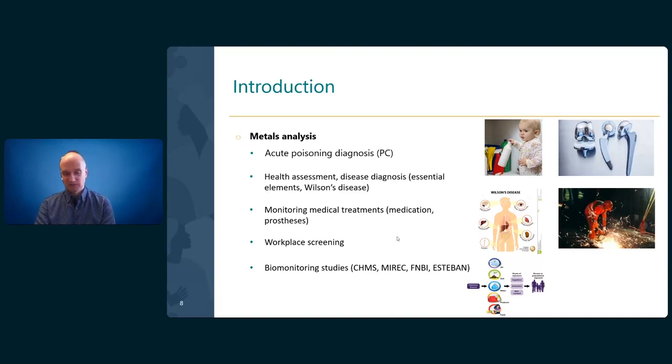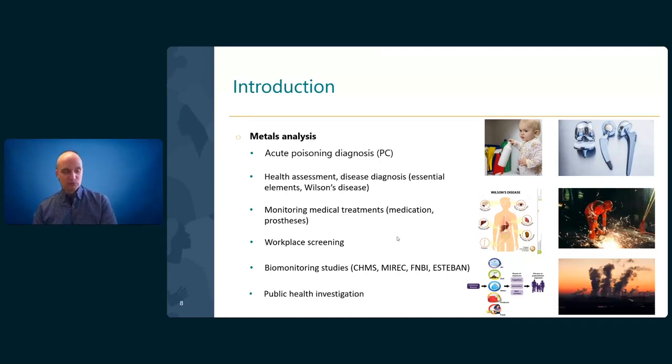It's the equivalent of NHANES in the United States, but we also did or do other biomonitoring studies like MIREC, FNBI, Esteban, and so on. And finally, we do perform metal analysis in investigations done by public health authorities.